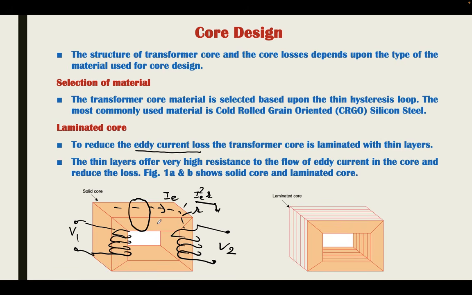To avoid this heat, we have to divide the core of the transformer in such a way that there are very thin layers. Instead of having a single magnetic material, we have a number of thin layers, and these thin layers are riveted at this point, and this is known as a laminated core.